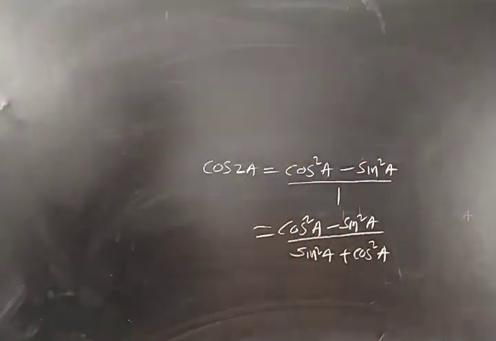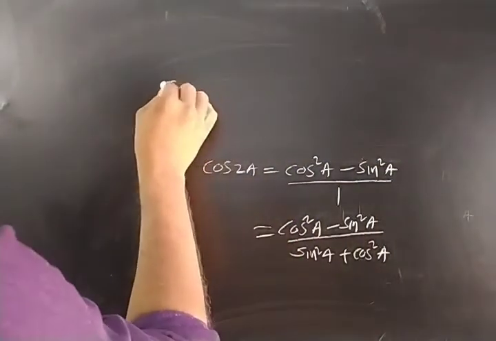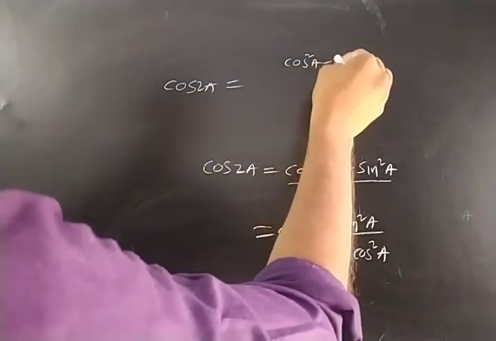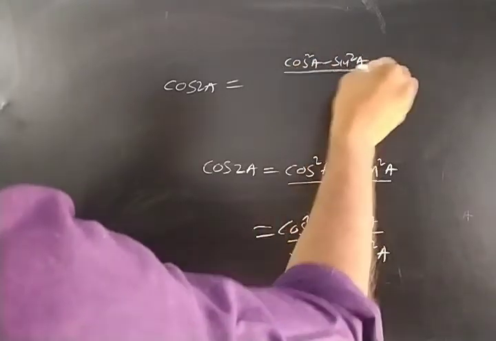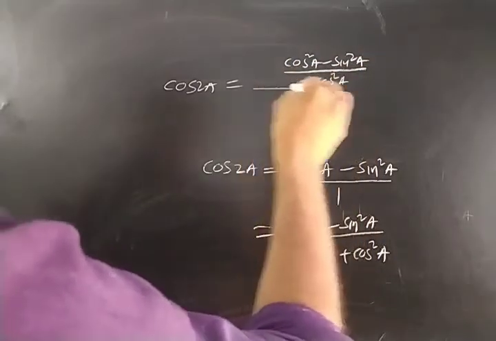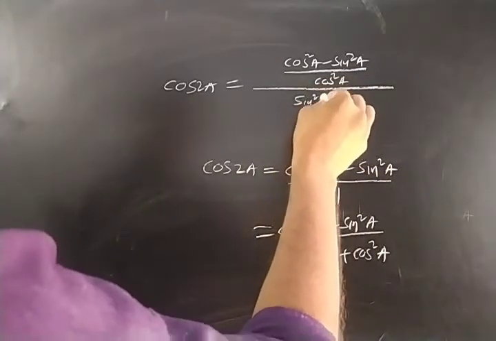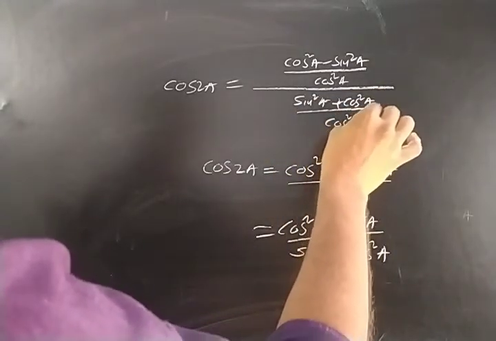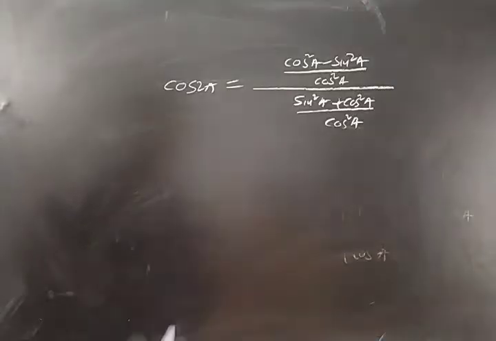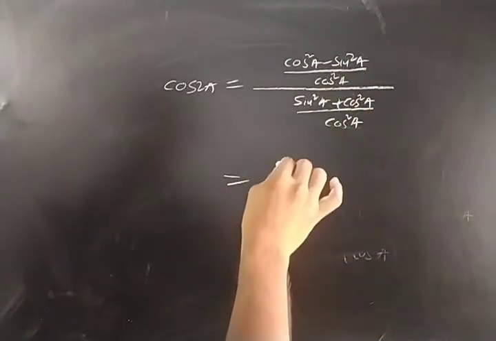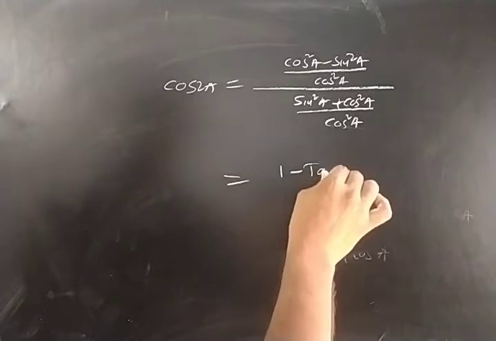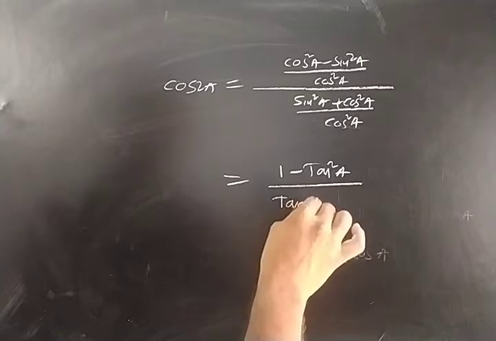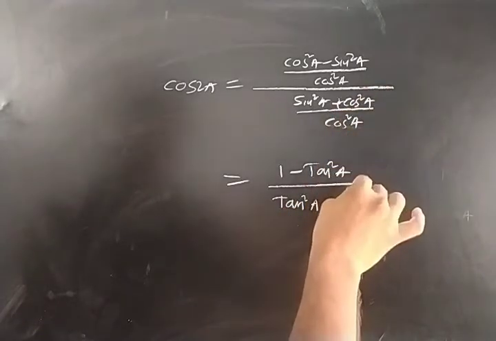Again I am dividing numerator and denominator by cos square A. So on the right hand side, cos 2A equals, what is the numerator? Cos square A minus sin square A, dividing by cos square A, and the denominator sin square A plus cos square A, here also dividing by cos square A. So in the numerator cos square gets cancelled, 1 minus sin square by cos square, it becomes tan square A. In the denominator sin square by cos square A is tan square A, plus cos square by cos square is 1.